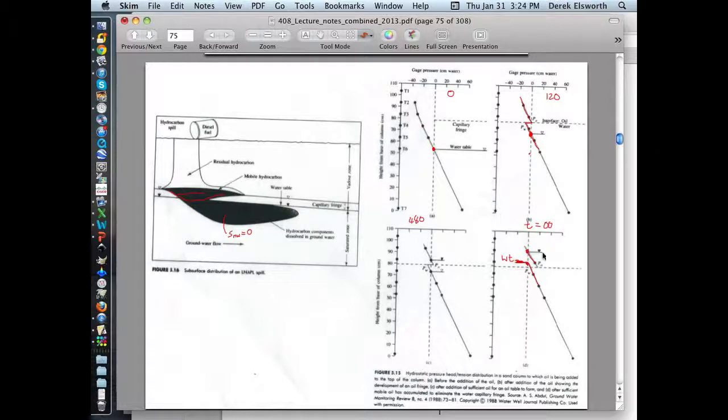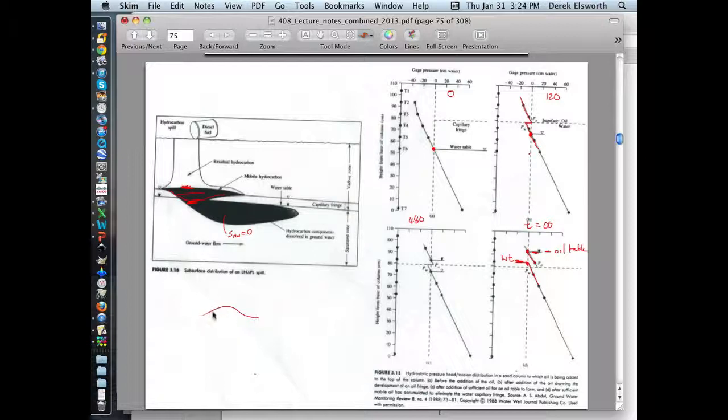And so this would be the oil table. If you think about it, this oil table here is the uppermost extent of where the pores are largely filled with oil, and it's right here. And the uppermost extent of where the water is at atmospheric pressure is below this region.